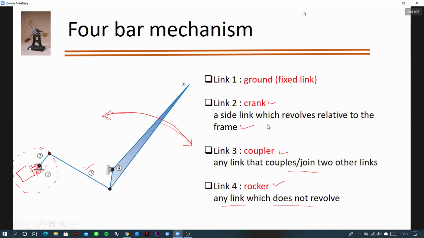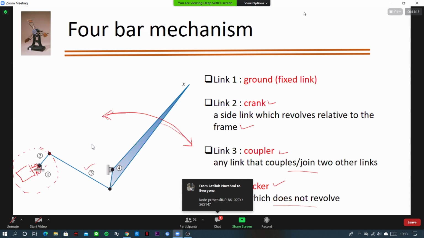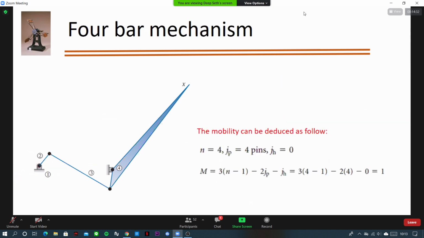I already explained these two terms in the last lecture also. So a crank always does a full rotation, while a rocker is not able to complete its rotation. Out of 360 degrees, it may complete 350 degrees or 270 degrees, but it will never complete a full rotation. And if it is not completing a full rotation, that is a rocker. Right. So these are some basics for that.